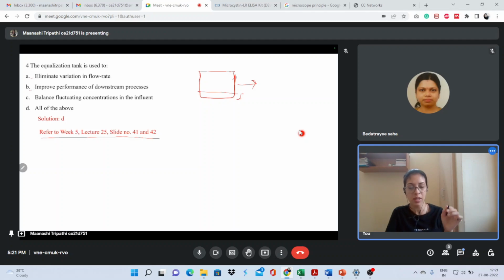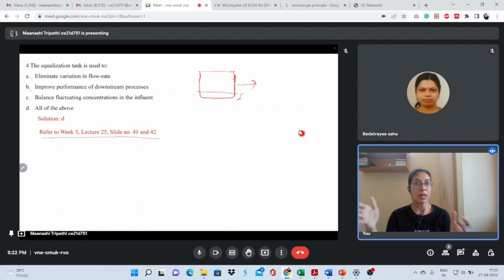The second point is what happens in the downstream processes. If we put 5 MLD for 1 minute, another minute 10 MLD, what happens? The further processes won't be able to survive, especially the secondary processes. In secondary processes, we use bacteria, we use algae to treat our wastewater.